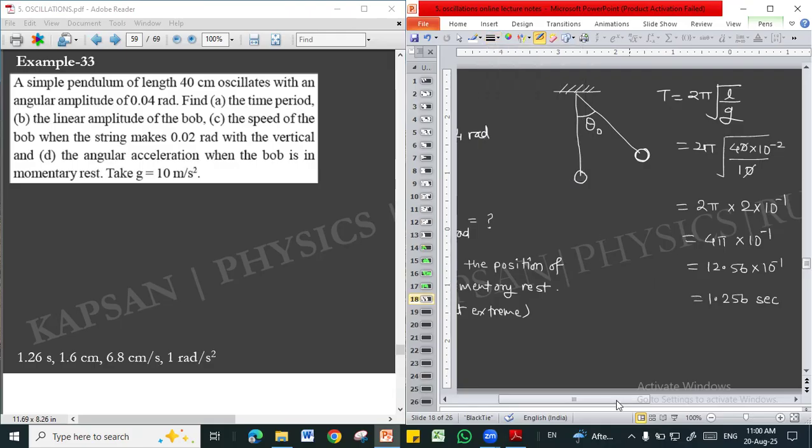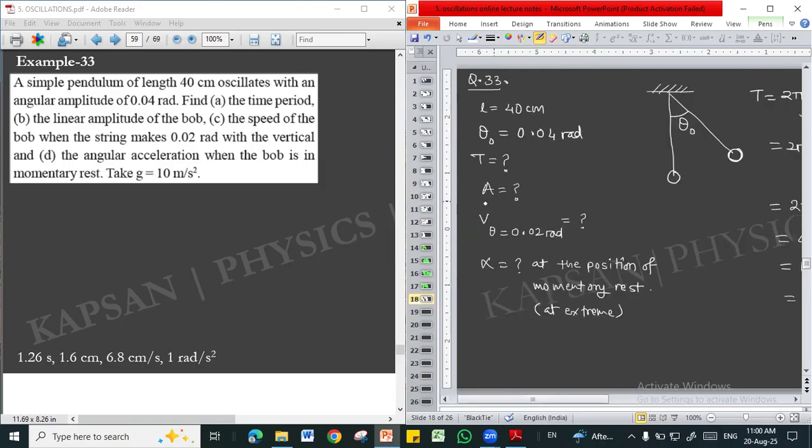Next, what is the second bit? Linear amplitude A. Now, if the oscillations are small, this arc length itself can be taken as the linear amplitude, provided oscillations are very small.